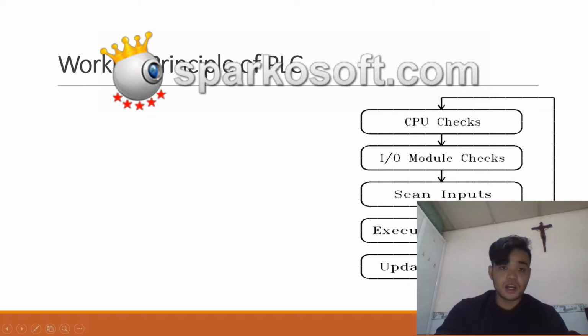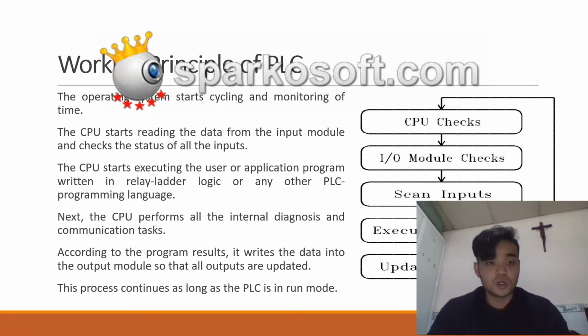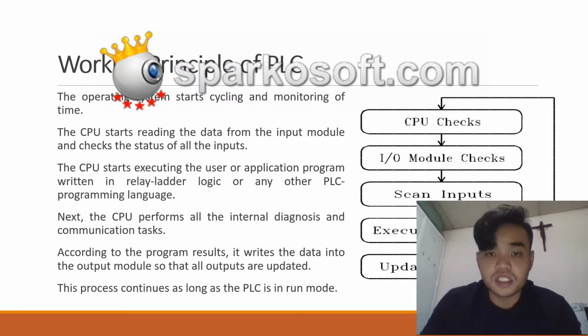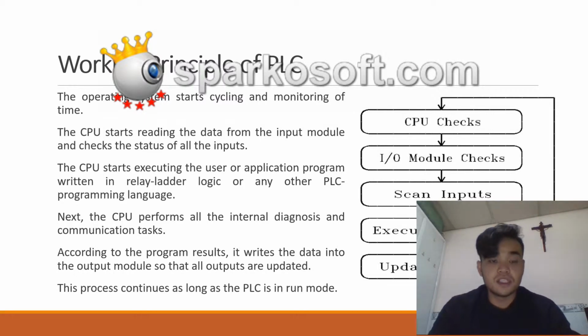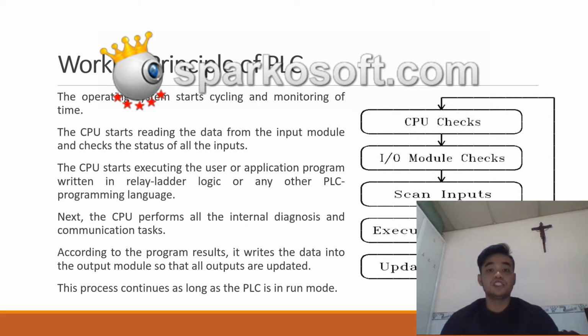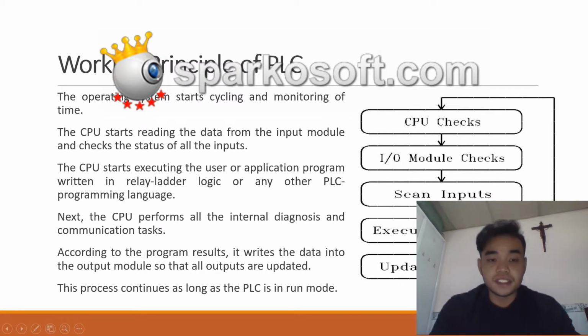And what is the working principle? The operating system starts cycling and monitoring uptime. The CPU starts reading the data from the input module and checks the status of all the inputs. The CPU starts executing the user application program, written in relay ladder logic or any other PLC programming language.